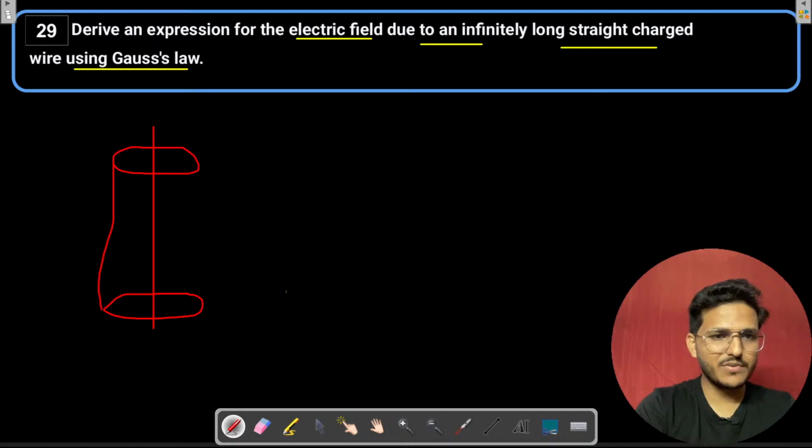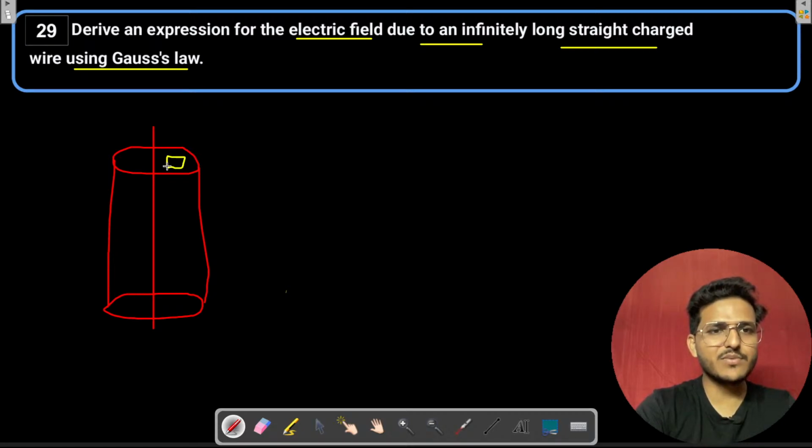This is a Gaussian surface, as you know, everyone. If charge on this conductor is positive, then we have three surfaces. First one we consider as ds1.